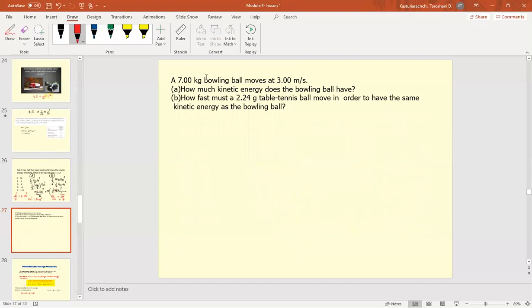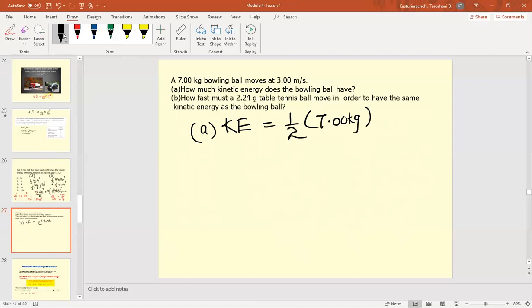Okay, and the ball is moving. How much kinetic energy does the ball have? It's pretty simple. Part A, half m v squared.